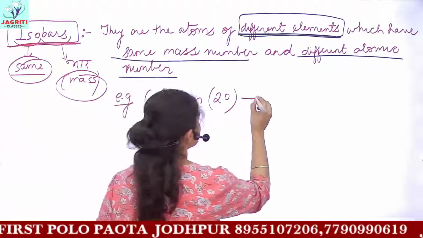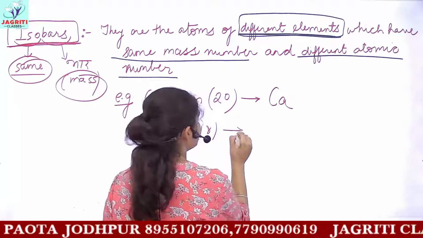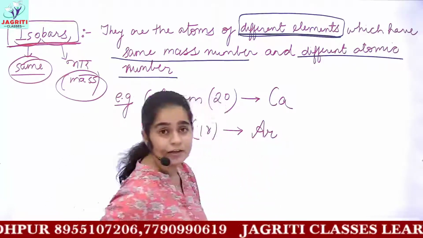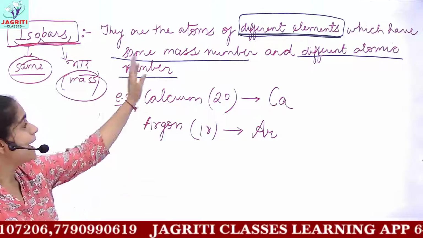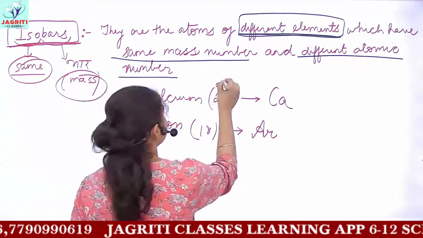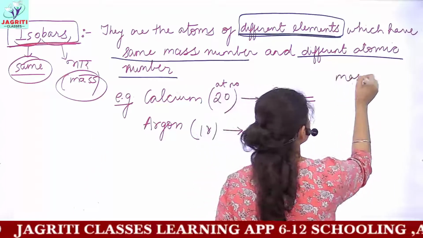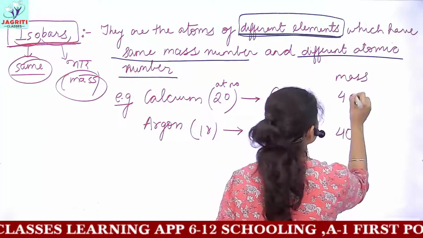Calcium can be represented by the symbol capital C and small a. Argon is represented by the symbol capital A and small r. So these are different elements. We can easily see them. They have the same mass number. That is, the mass number for calcium is 40, and for argon also the mass number is 40.